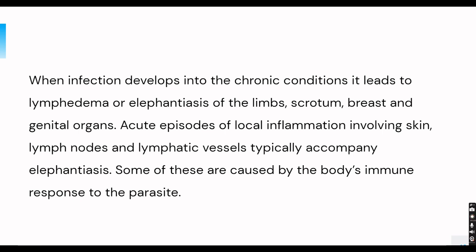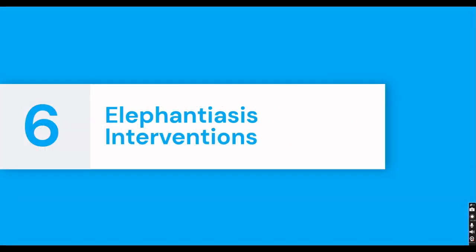Some of these are caused by the body's immune response to the parasite. This is mostly the result of secondary bacterial skin infection, where normal defenses have been partially lost because of underlying lymphatic damage. The most common symptom of elephantiasis is swelling of body parts because of the accumulation of fluid.